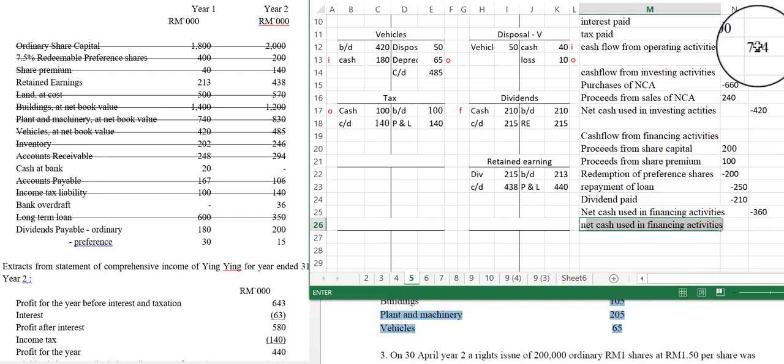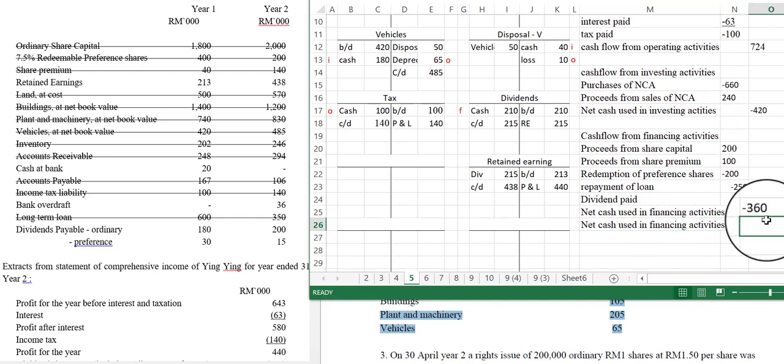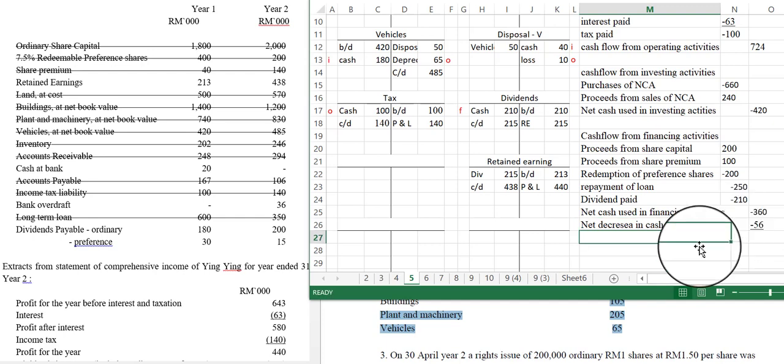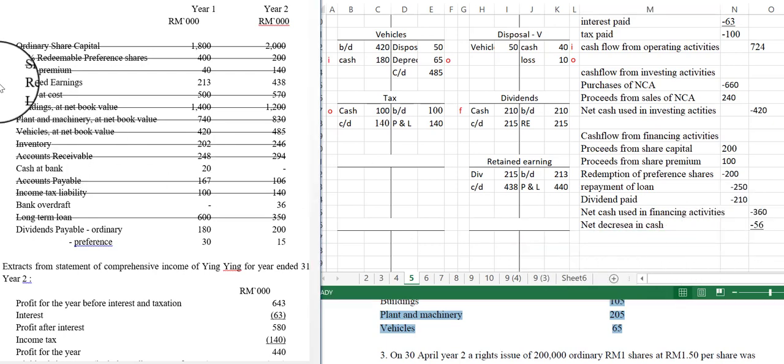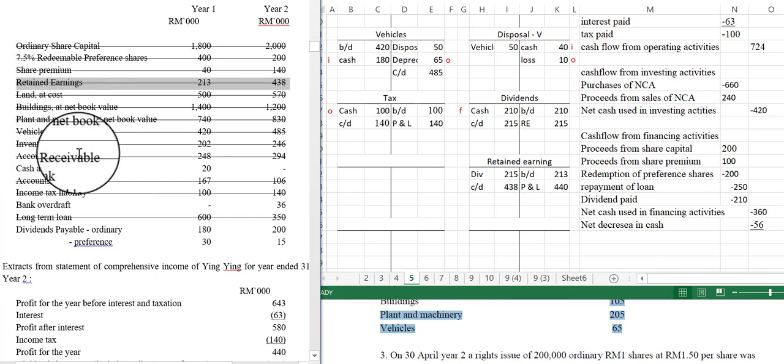Net, if you look at here, you should have minus 56. So this is a net decrease in cash. So what's the opening? Here we have been using everything.